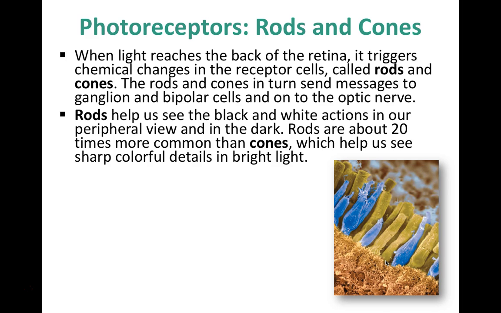There are about 20 times as many rods in our retinas than there are cones. Cones have the task of helping us see sharp, colorful details in bright light. So rods are basically what we're using for night vision. Cones are what we're using to get acuity and to see color and to see detail, day vision, if you will.